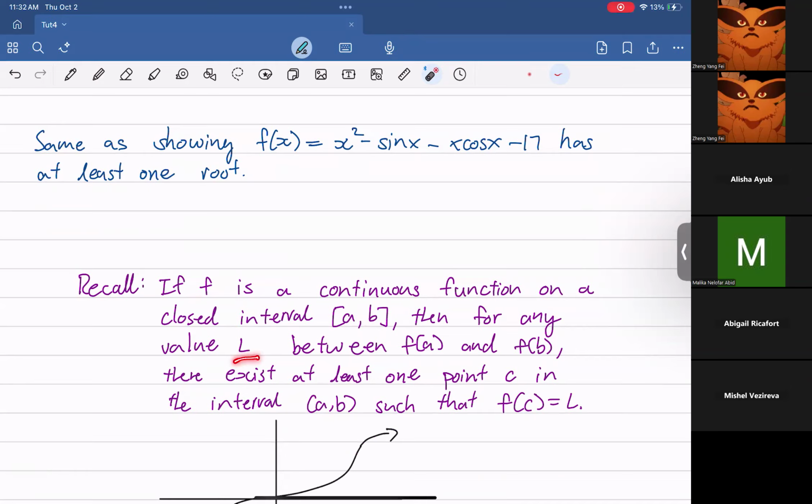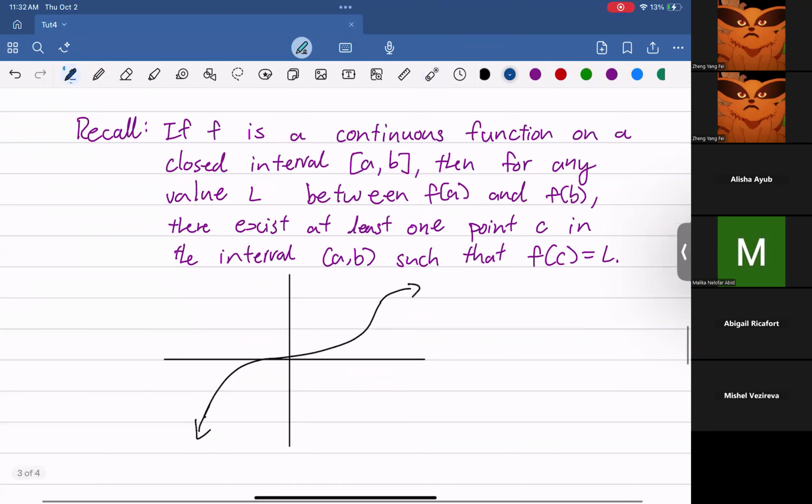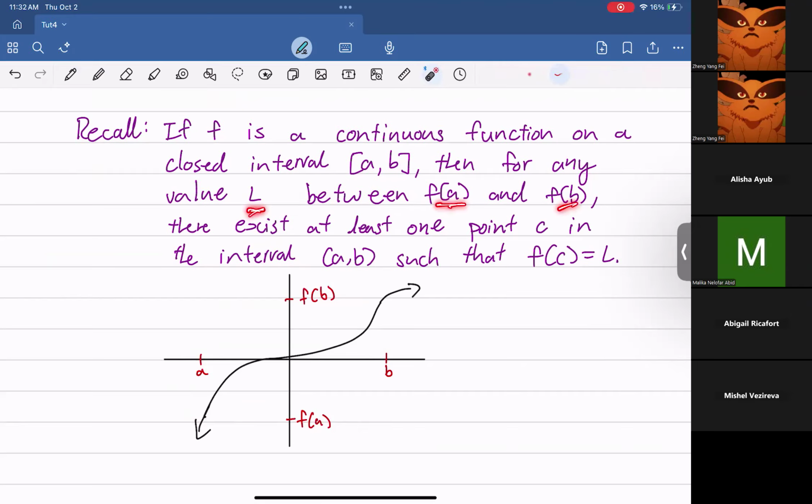Then for any value L between f of a and f of b, let's demonstrate this. Let's say this is the point A and this is the point B. Corresponding to the y value right over here, this would be my f of A, and similarly, around here, that's going to be my f of B. So L is something between f of A and f of B, somewhere along this red line.